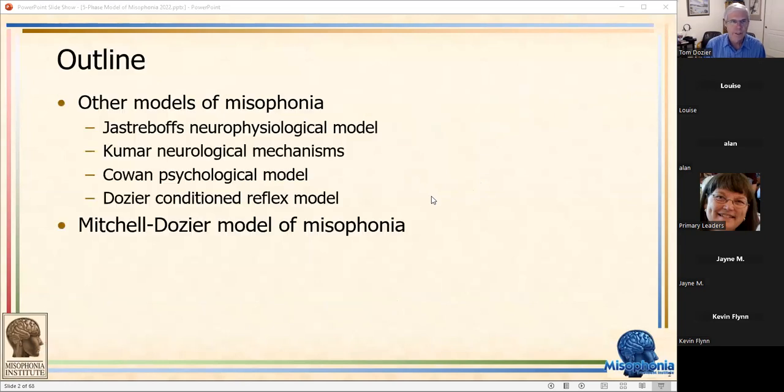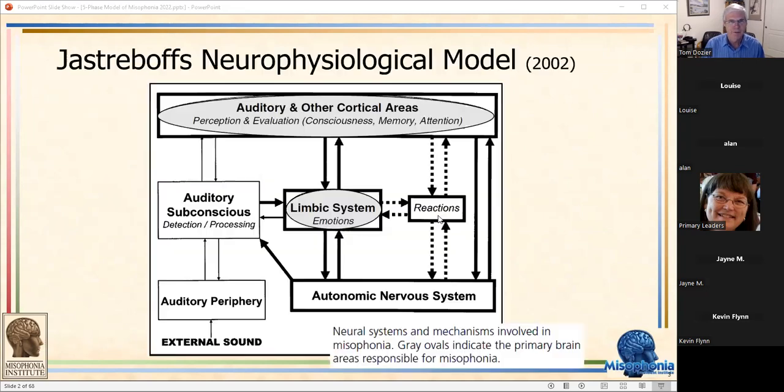So what I'm going to do here, I'm going to talk about the other models of misophonia that exist very briefly, and then talk a lot about the Mitchell-Dozier model of misophonia. So here's the Jastreboff neurophysiological model, published early on, 2002. And this is really a derivation of his model for tinnitus.